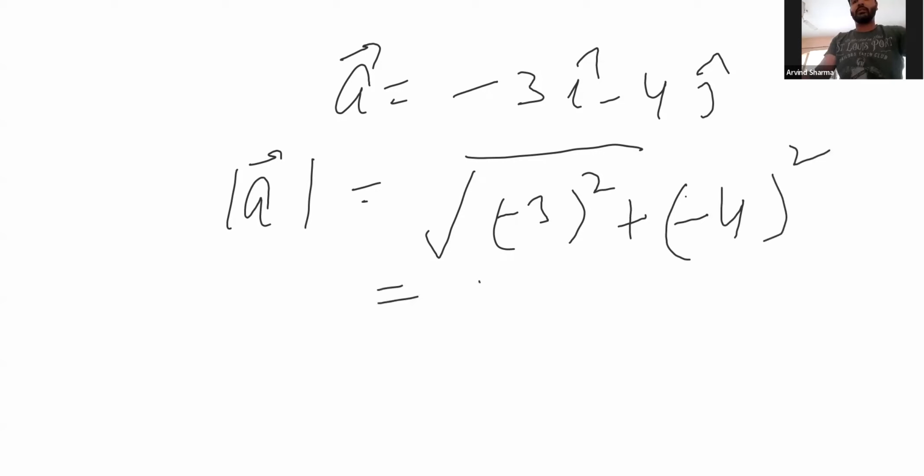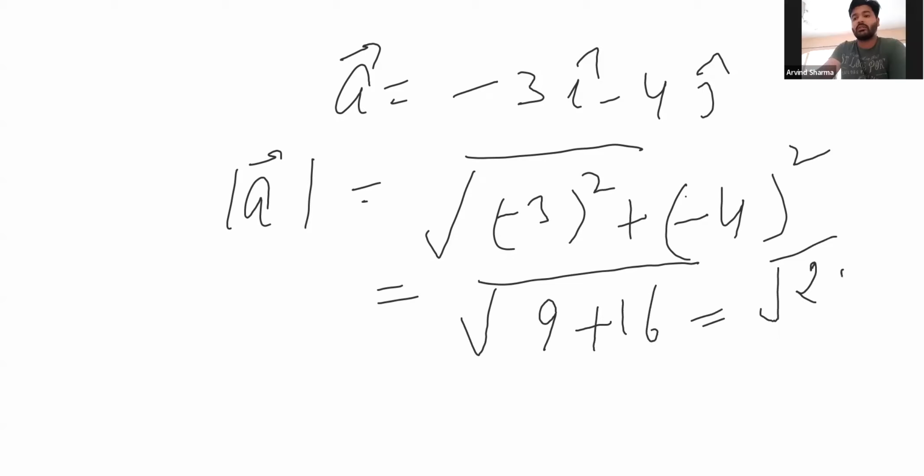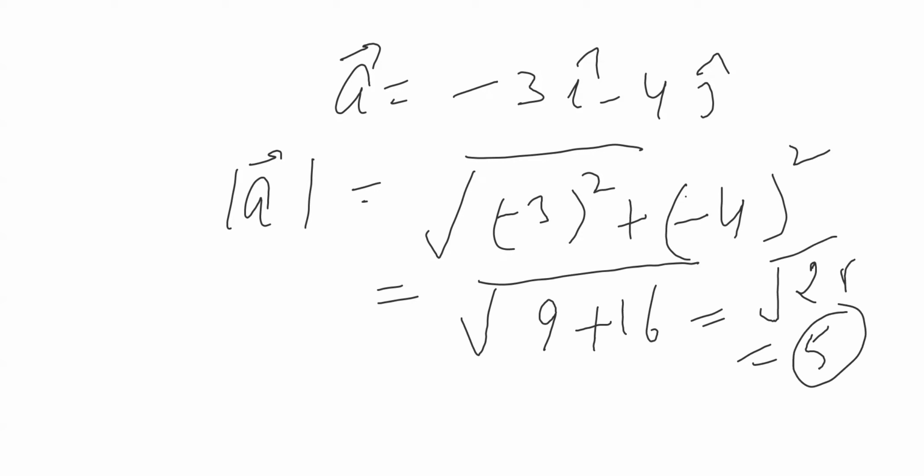So what will you get? We will get 9 plus 16, which is 25, so the answer will be 5. This is how we can find the magnitude of a vector, and magnitude is always positive. It's very simple, basically.